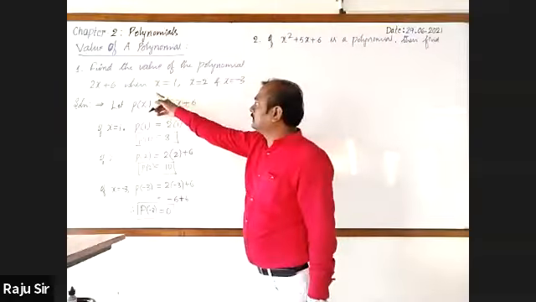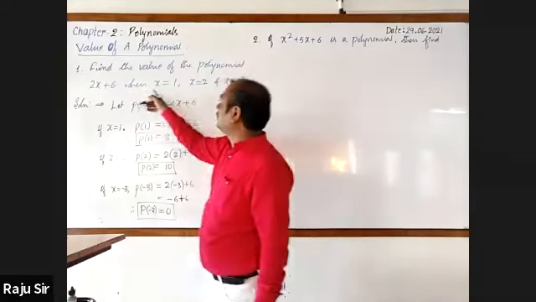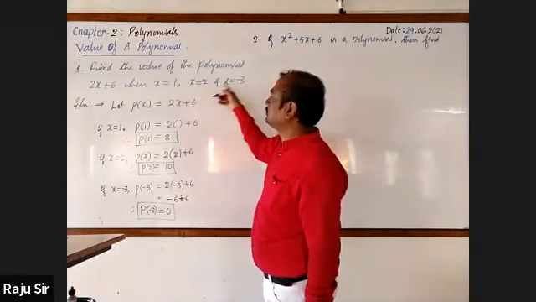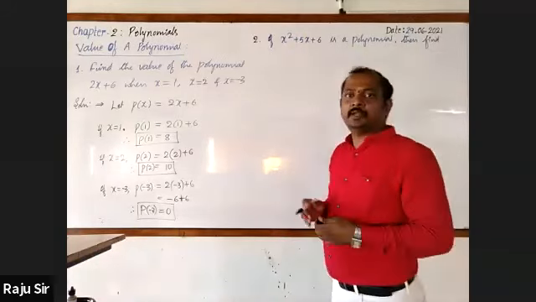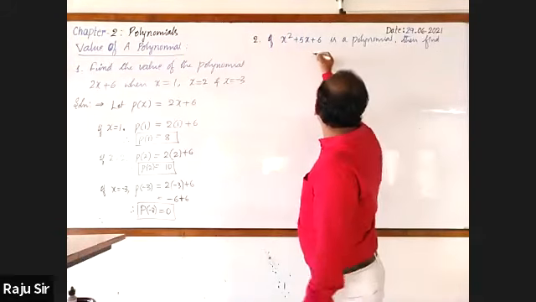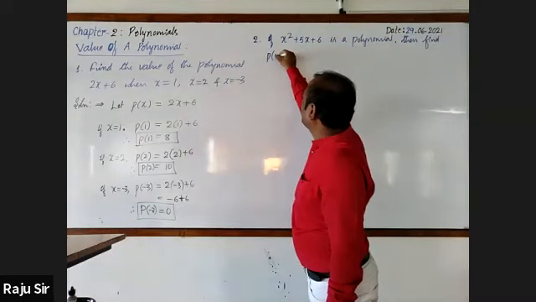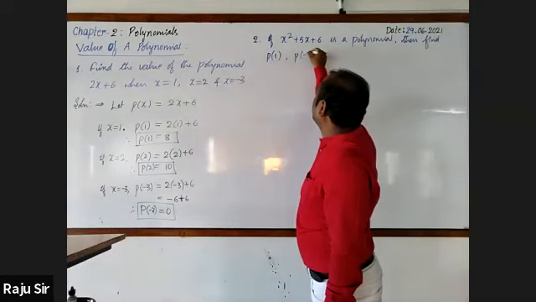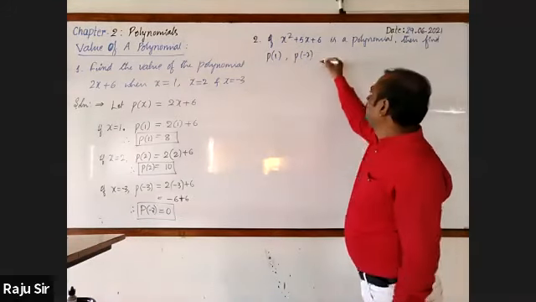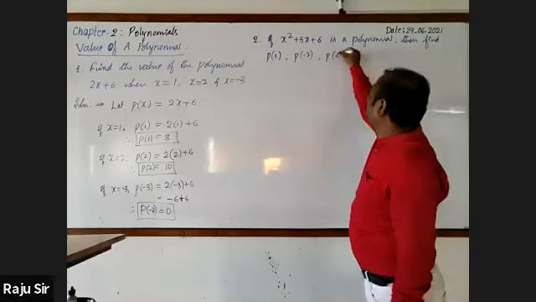Earlier, the question was like this: find out the value of this polynomial when x is 1, x is 2, x is minus 3. They can give this in a different way, like find P of 1, P of minus 2, P of 4.